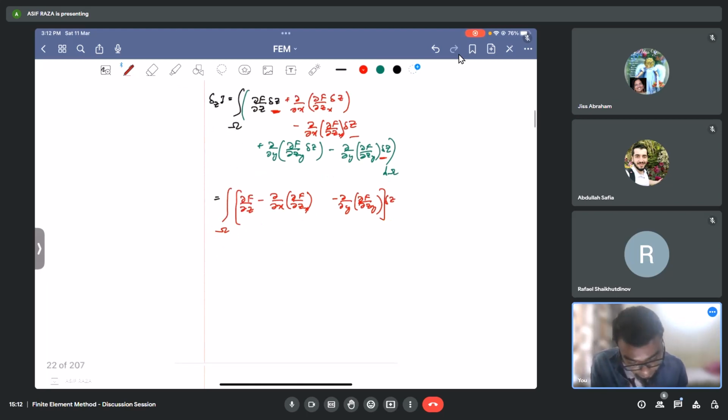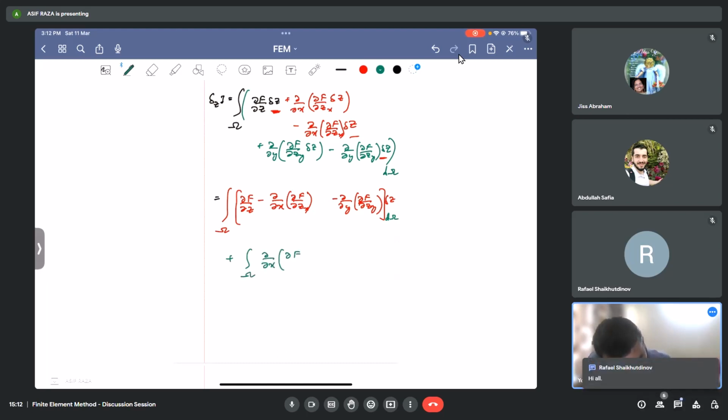These are in the d omega, plus the boundary integral of dou by dou x dou f by dou z x dou z plus dou by dou y dou f by dou z y dou z d omega.